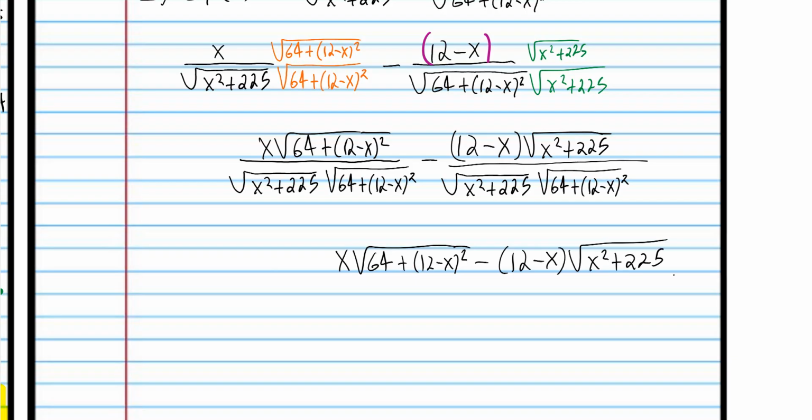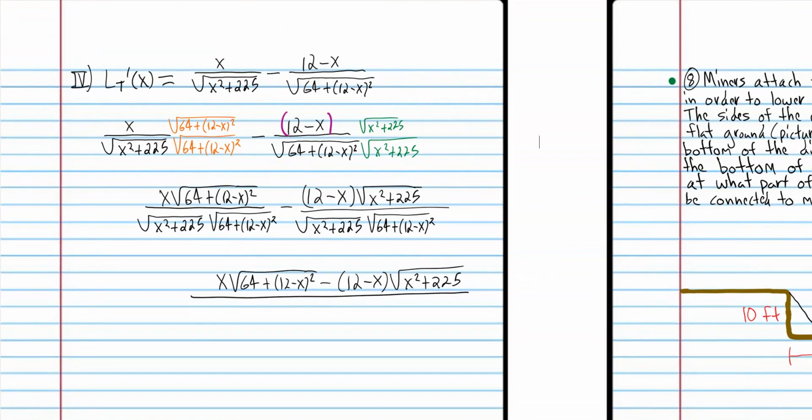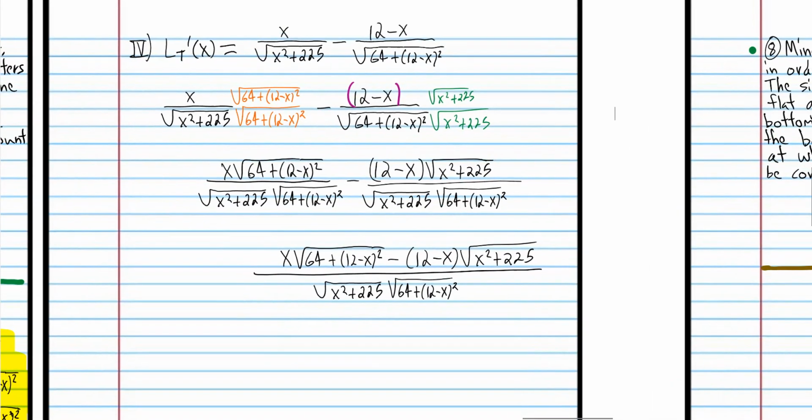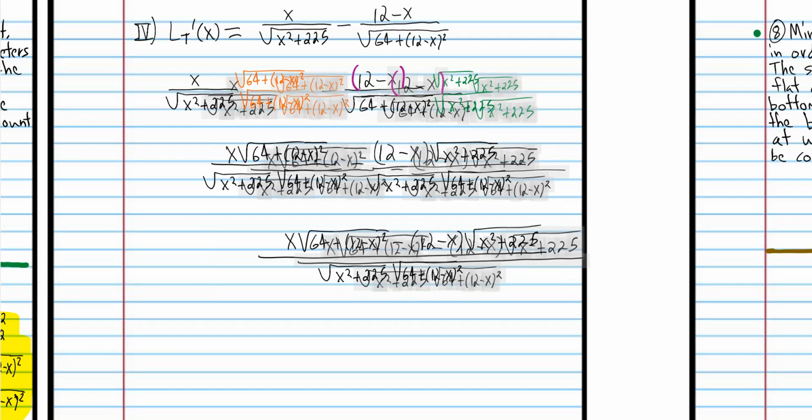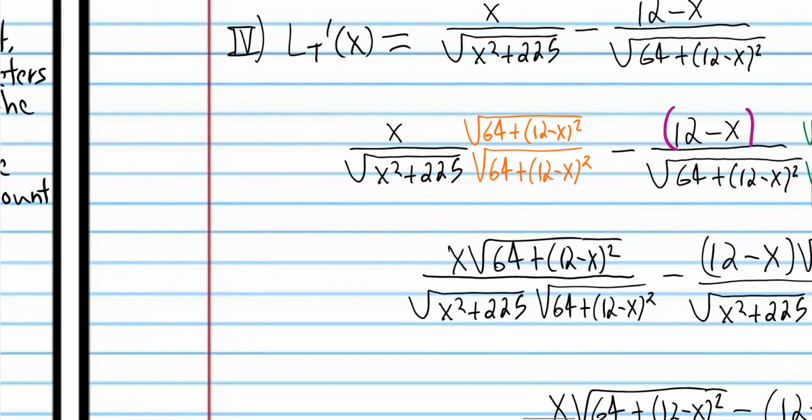Obviously, we don't have like terms here. So we get that expression, and we add them together. And by the way, all of this stuff is equal to L prime of x. I should have written that.